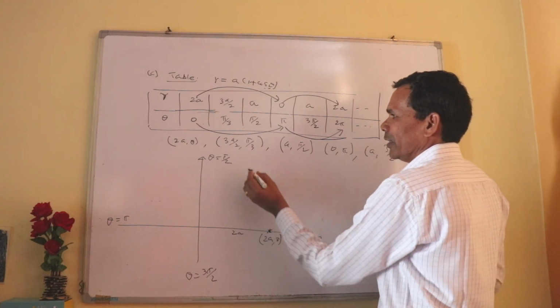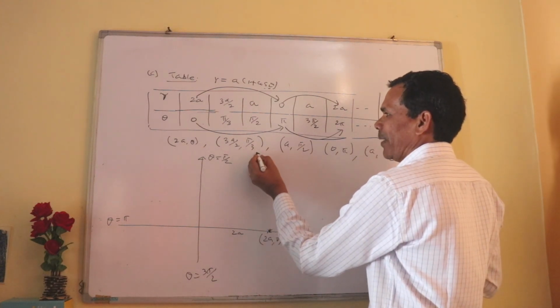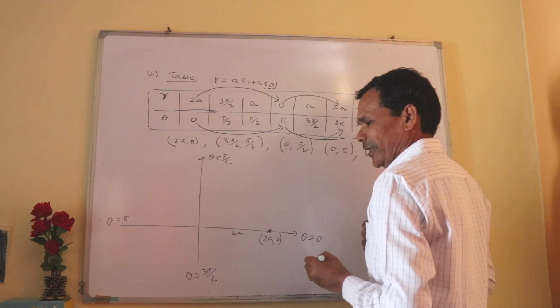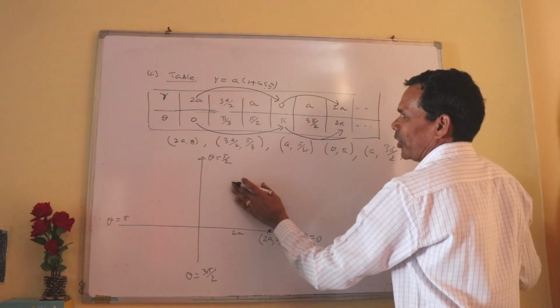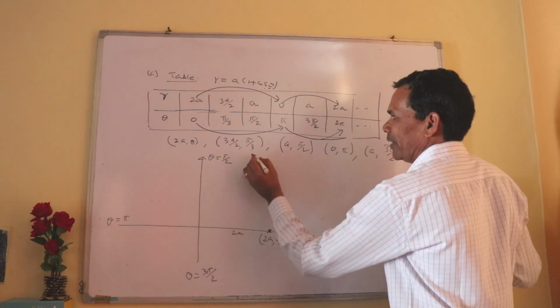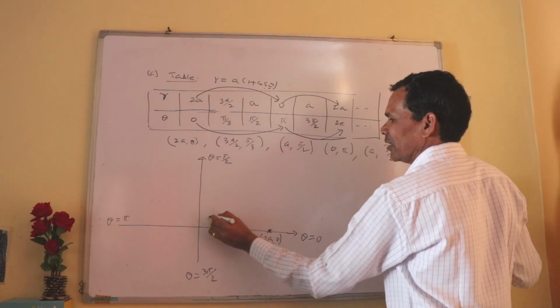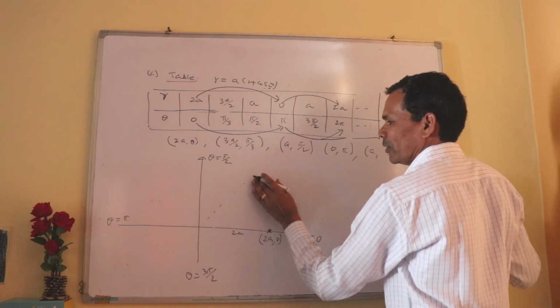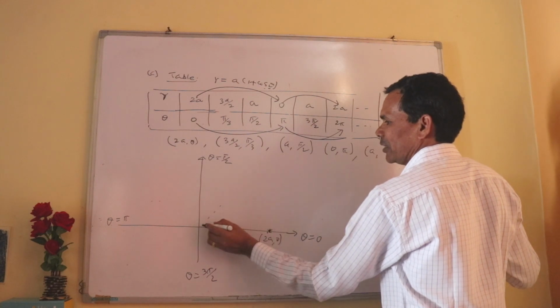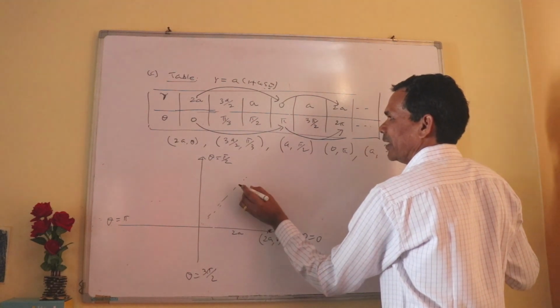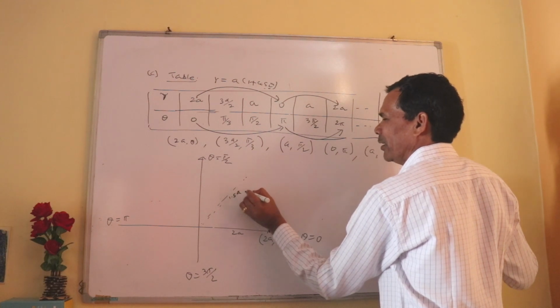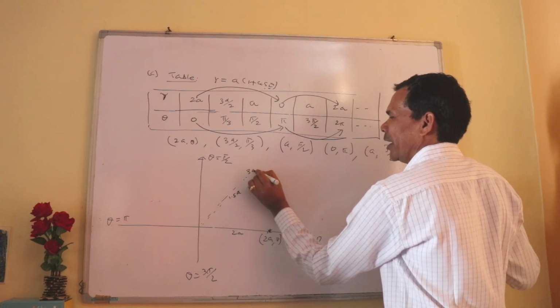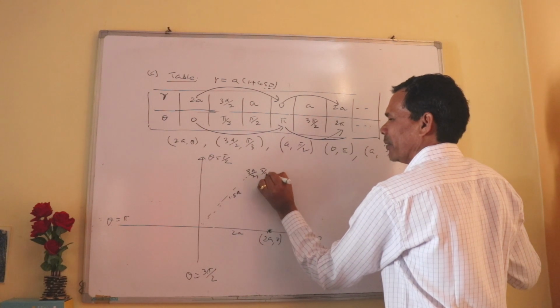The second point is 3a by 2, pi by 3. This point is at pi by 3, which means 60 degrees, somewhere here, and the length is 3 by 2, which means 1.5a. So this is your next point, 3a by 2, pi by 3.